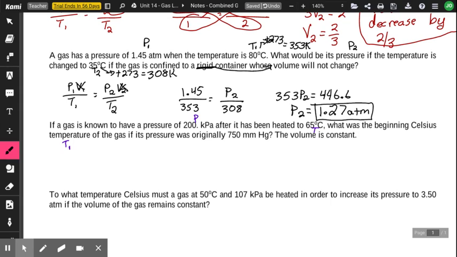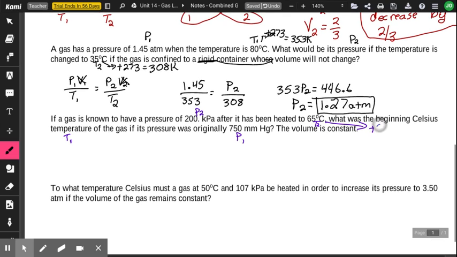If its pressure was originally 750 mmHg, so this is pressure 1. So that makes this pressure 2 and this temperature 2. First thing is to convert those temperatures into Kelvin. So 65 plus 273 gives us 338 Kelvin.